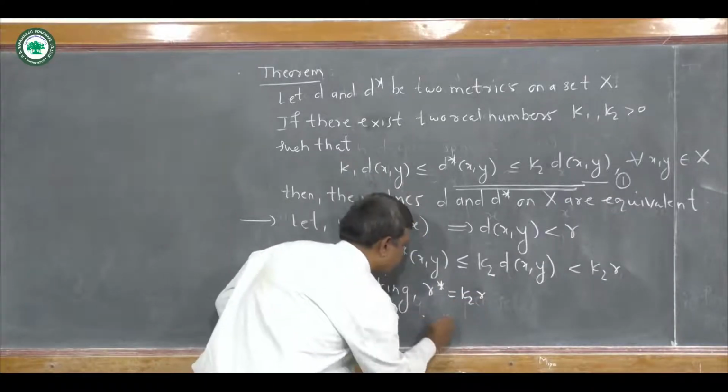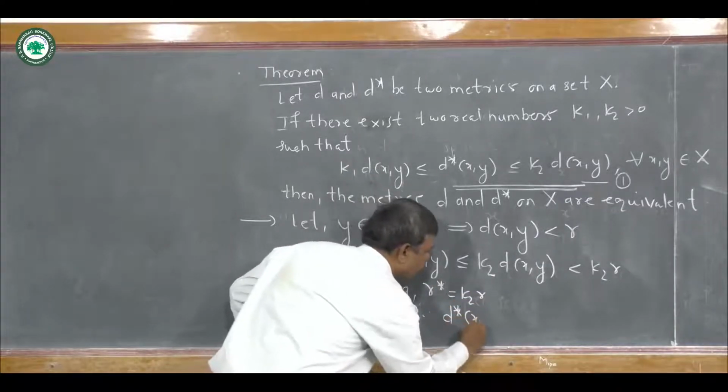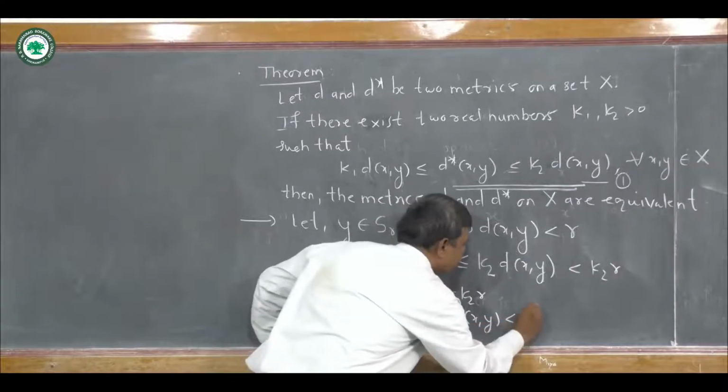So therefore we write D star of X comma Y is less than R star.